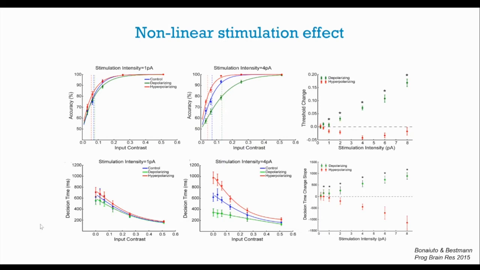One thing you can see here is that in terms of decision time and accuracy, there is a differential effect between depolarizing and hyperpolarizing stimulation, which is what we generally expected and what is consistent with what most people think about. But it's quite interesting also to note that certainly in terms of the decision time, and it's also evident a little bit in the accuracy, the effect of stimulation really only works when the inputs are not too different.